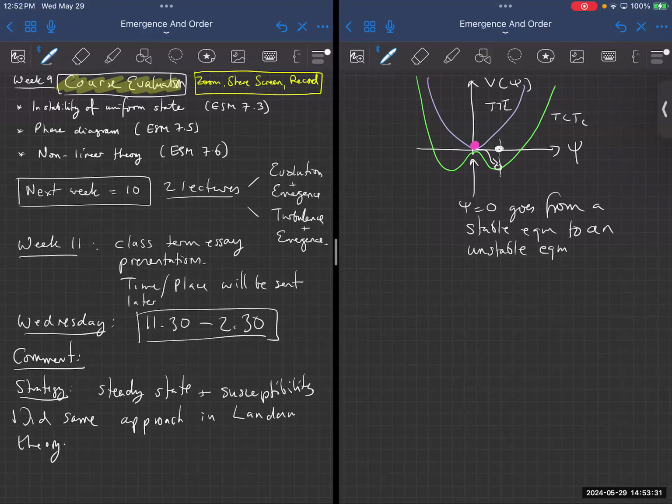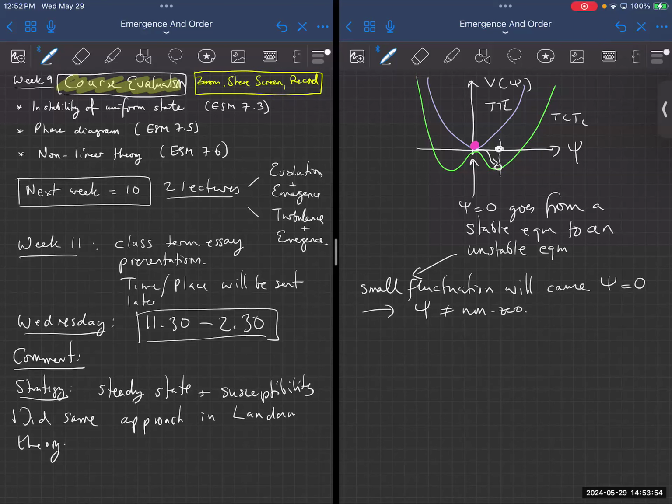So psi will go from a stable to an unstable equilibrium, and the consequence is that any small fluctuation will cause psi to be some non-zero value.